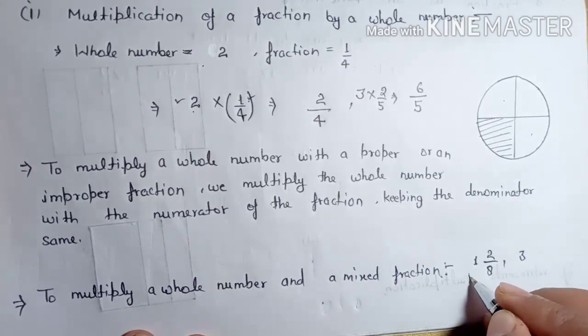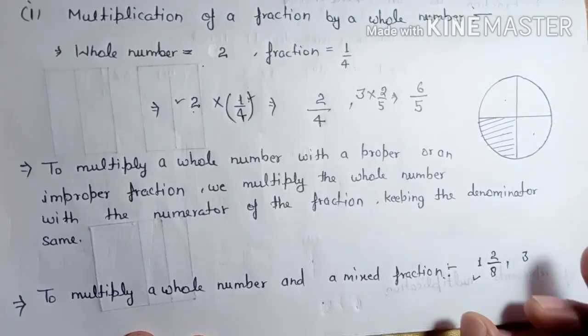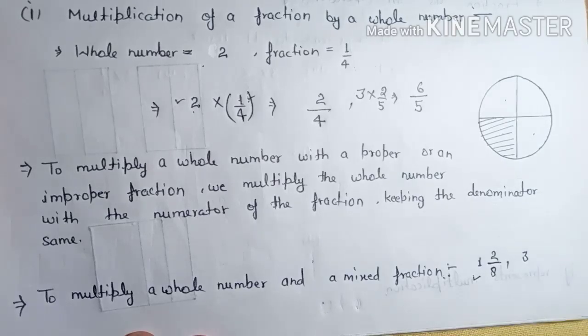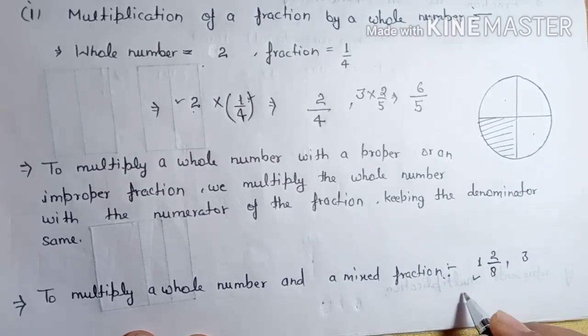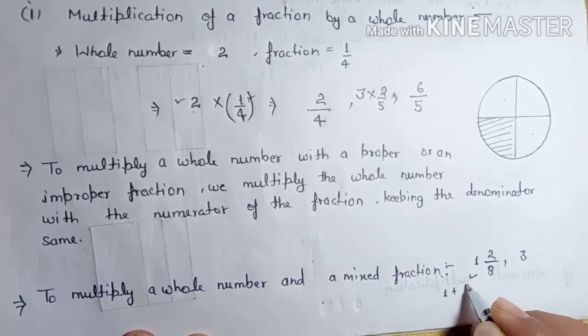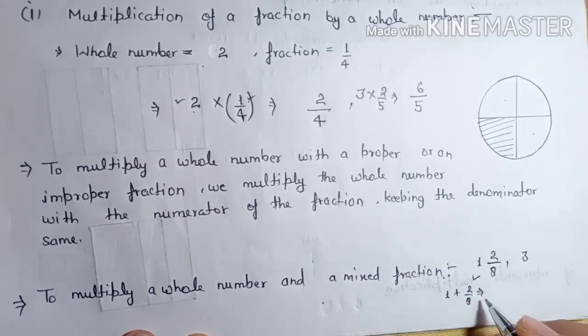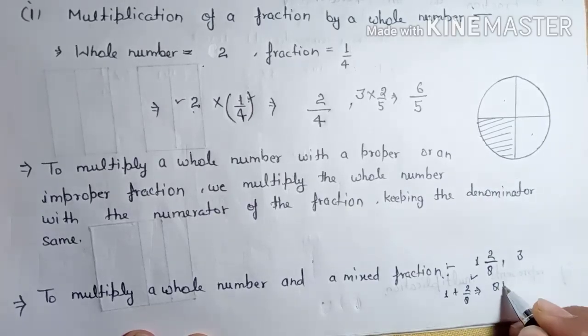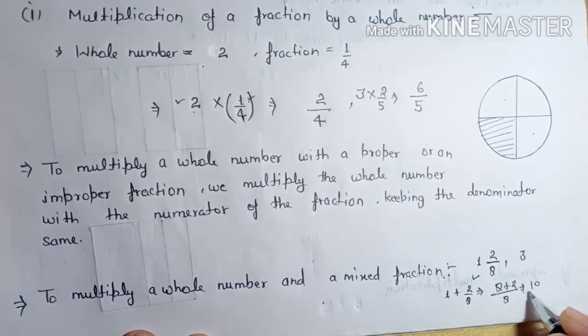First, make this mixed fraction into an improper fraction. It always becomes an improper fraction when it is written from a mixed fraction. 8 1s are 8. How to do this? You have to treat it like it is a sum of 1 and 2 upon 8. When you add these two, you get 8 1s are 8, 8 plus 2 upon 8, that is 10 upon 8.